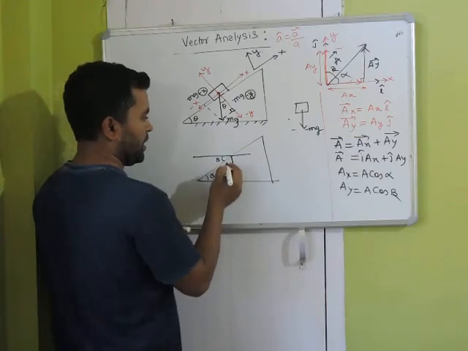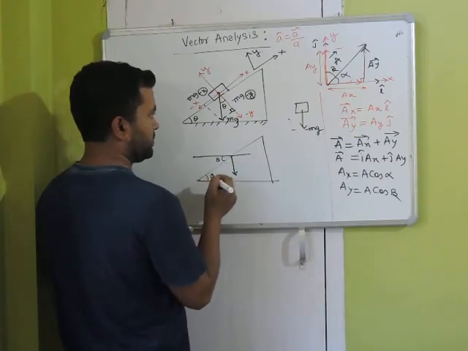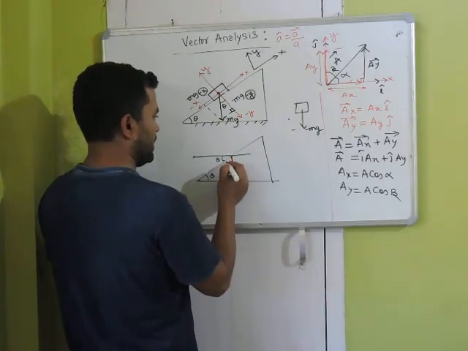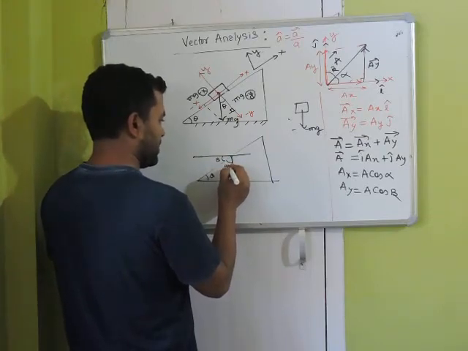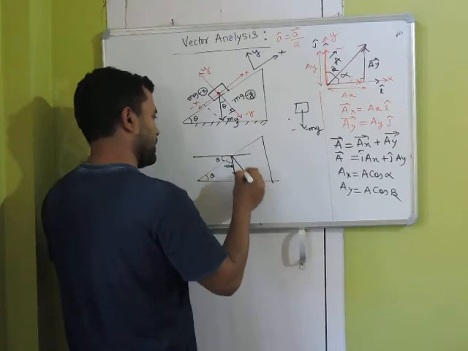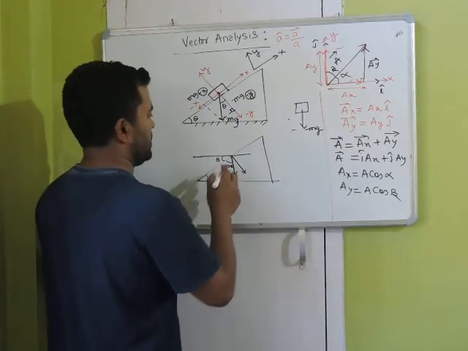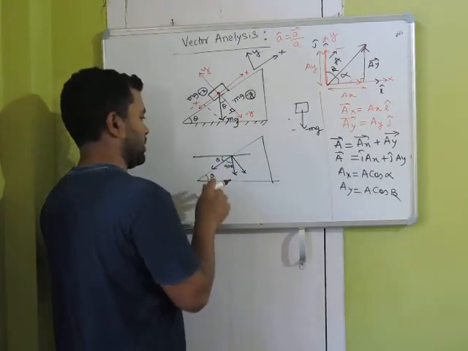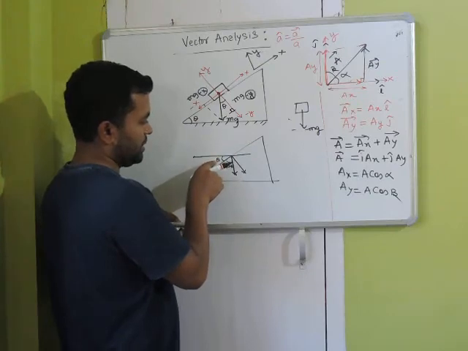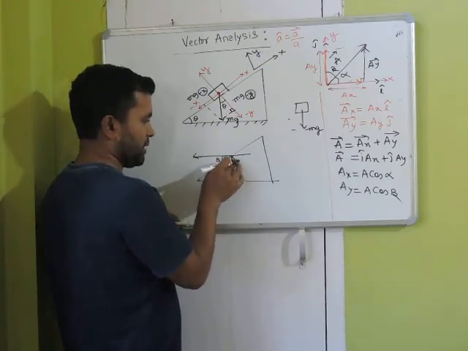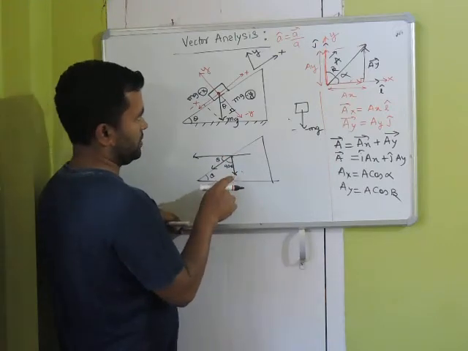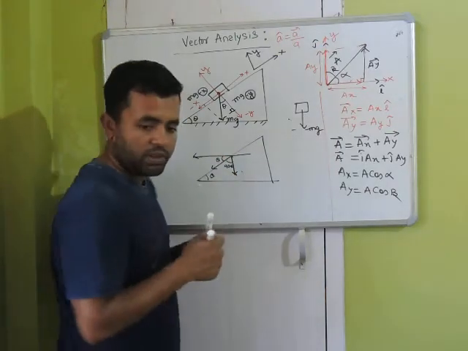Now if this is theta, then this will be 90 minus theta, and this line, so this is theta, and this and this are perpendicular to each other. Let me do it again.